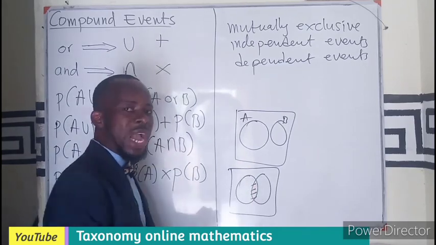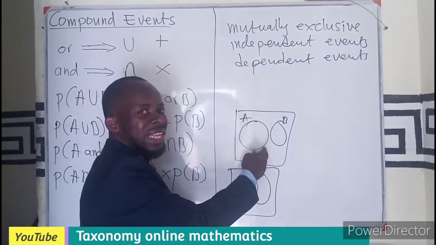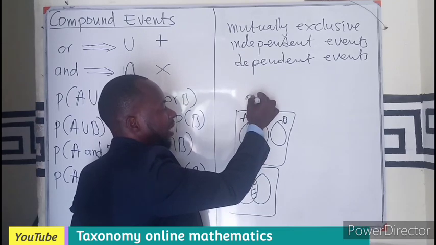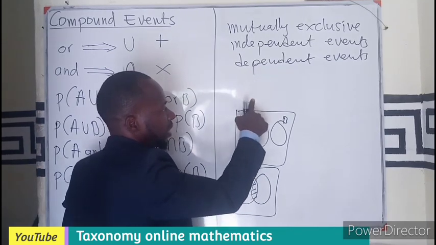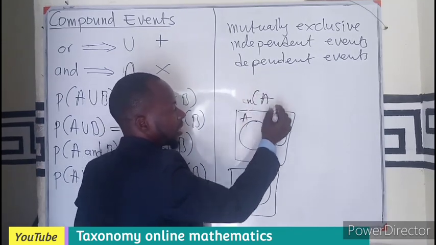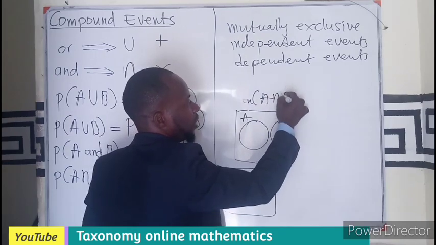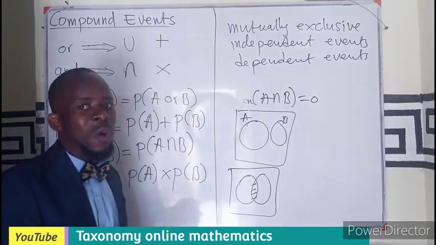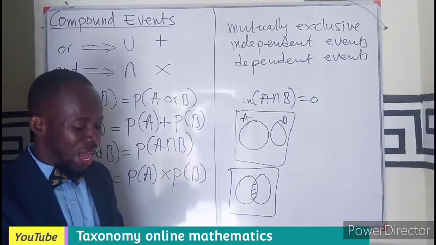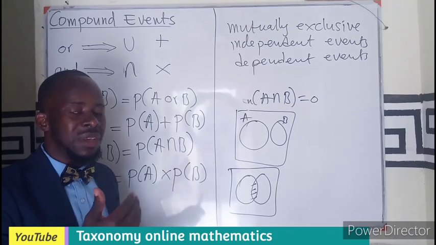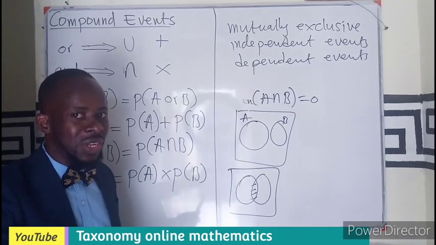So since they are not occurring together, it is a disjoint set, meaning they have no intersection. The number of A intersection B will become what? 0, or better still, the empty set. So under a mutually exclusive event, there is no intersection.